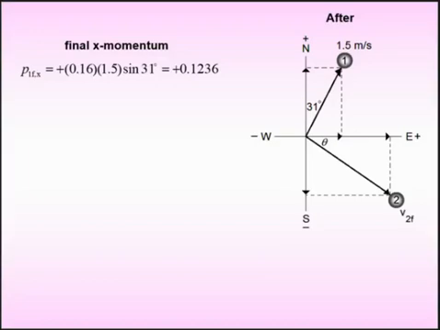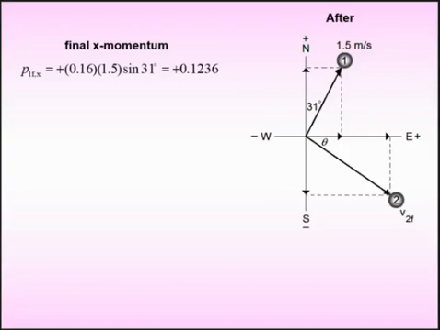P, the momentum of the first ball in the final picture on the x-axis is 0.16 mass times speed times which component of the angle do you need? You need the sine, because it's what? It's this one or this one. Which is that? So can someone tell me what the expression would be for the P2Fx?